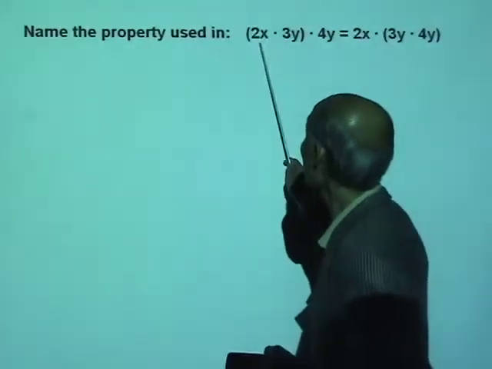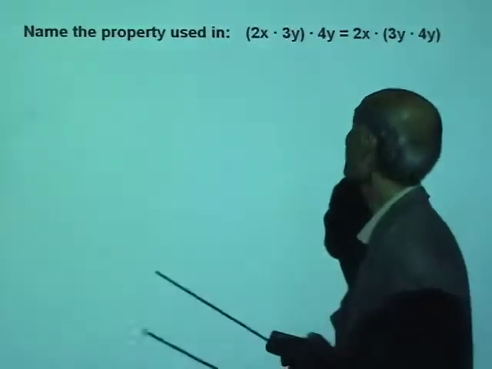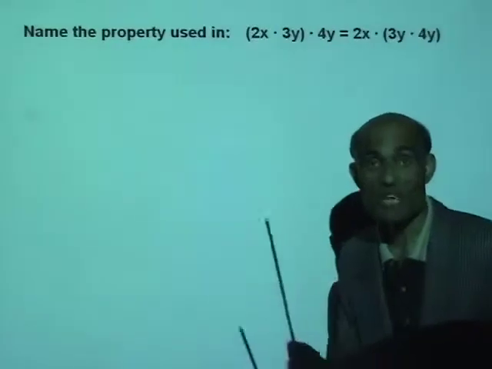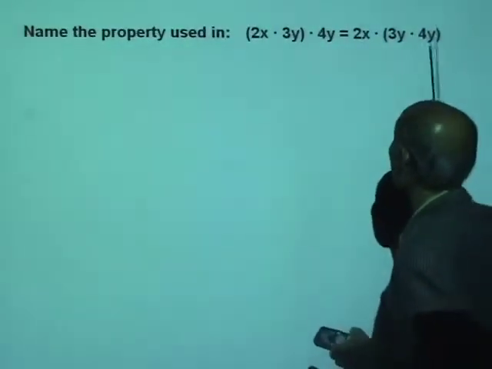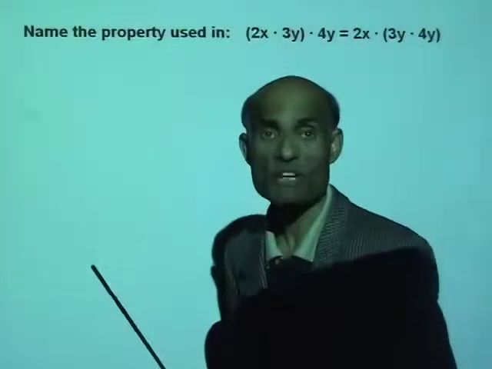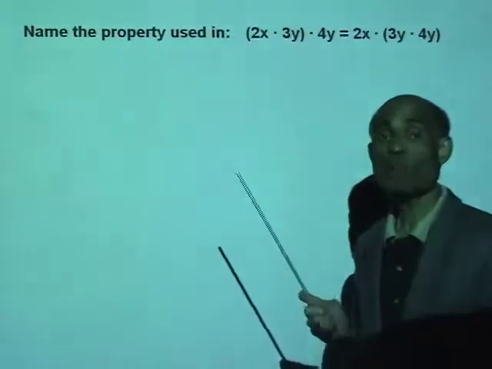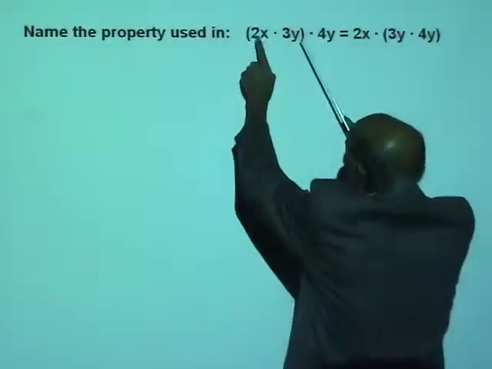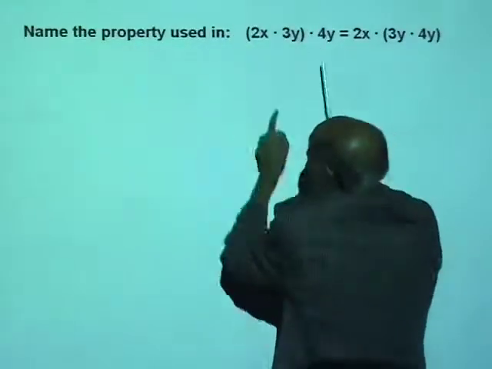Look at this. 2x times 3y multiplied by 4y is the same as 2x times 3y times 4y. Now what is the difference between the left and the right? On the left side, you first multiplied 2x by 3y. That is the association.